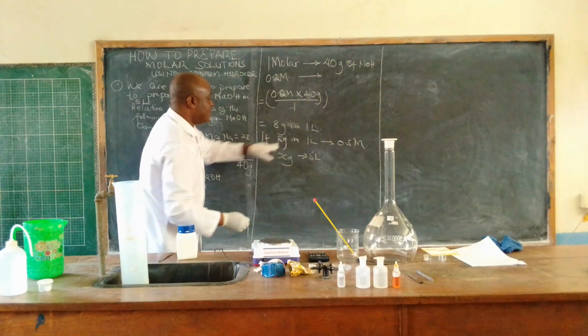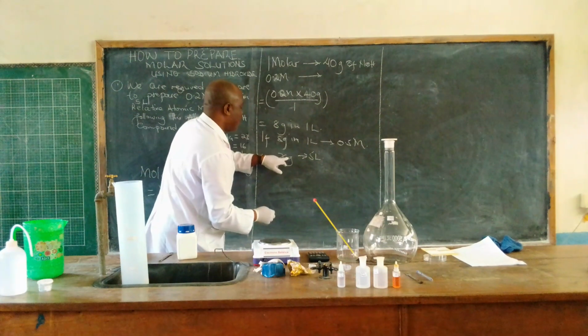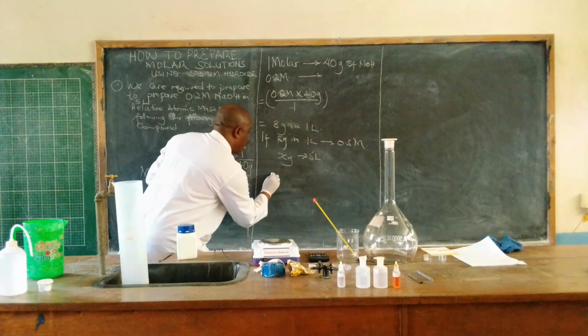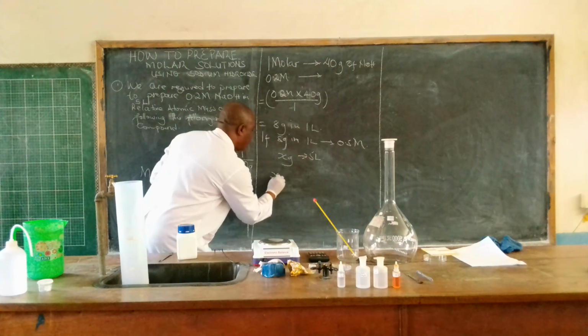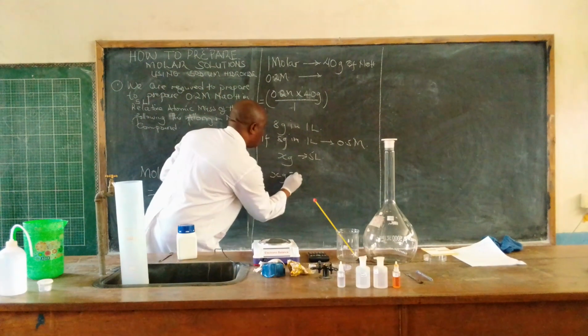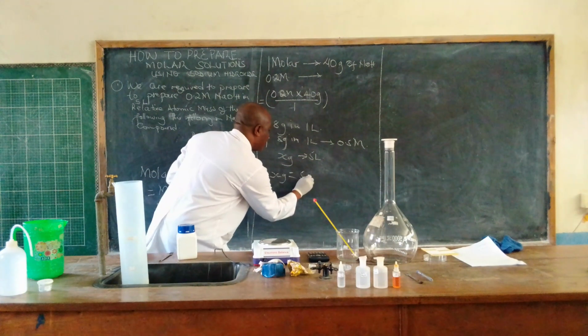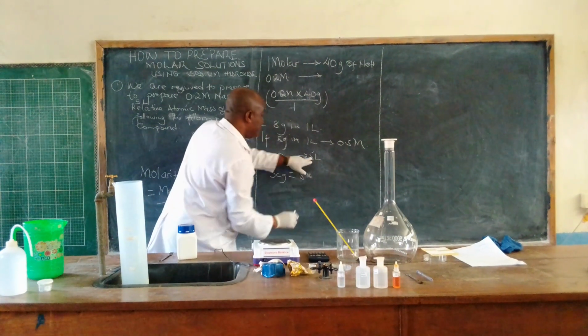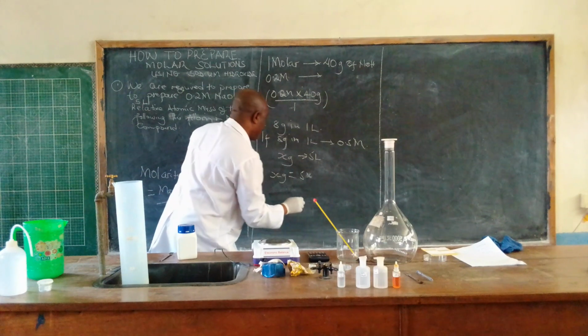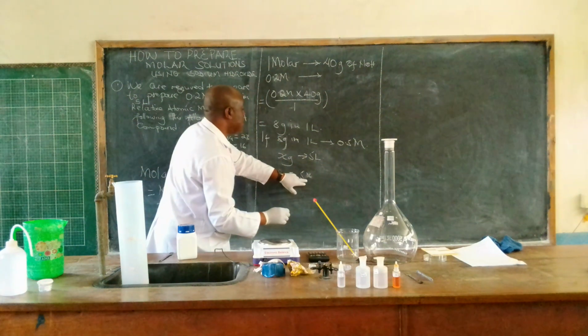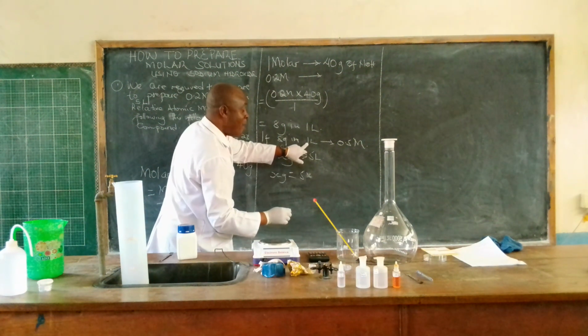So we are going to take this 8 grams times this over that, so that we make X the subject of the formula. X grams is equal to 5, we could convert this into cubic centimeters, or we can just use it the way it is because we have used 1 liter here.